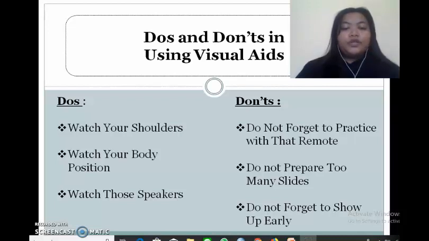The second one is do not prepare too many slides. The mistake of providing too much information plagues most speakers, and unfortunately this problem often spills over to the slides they produce.